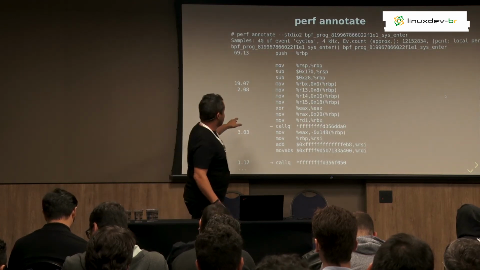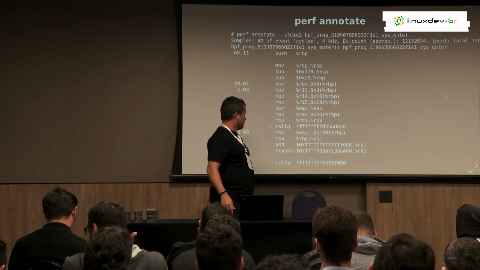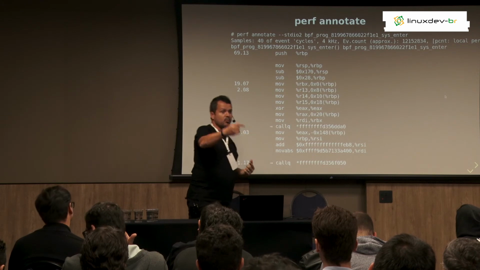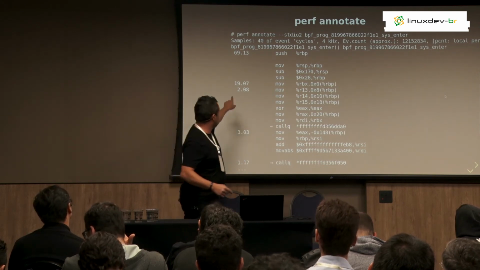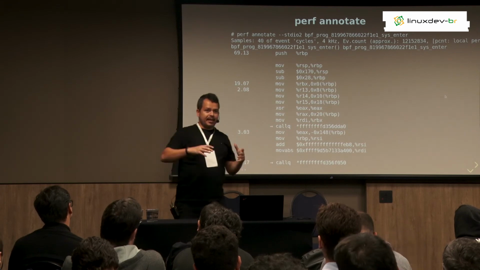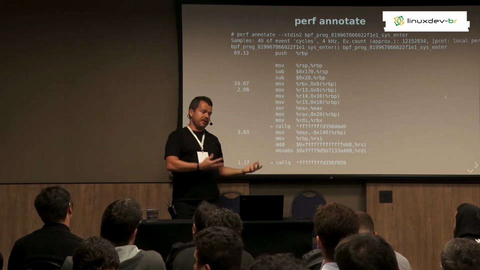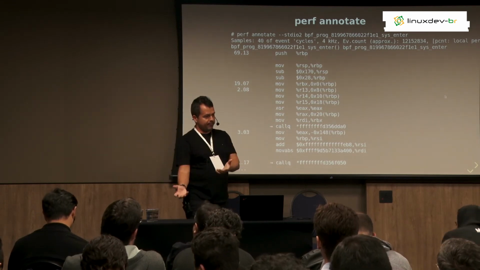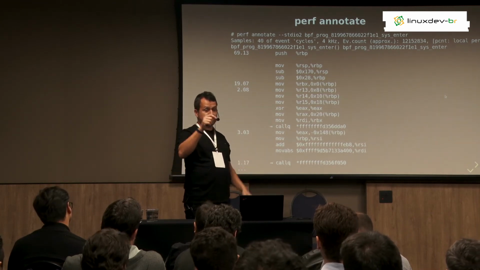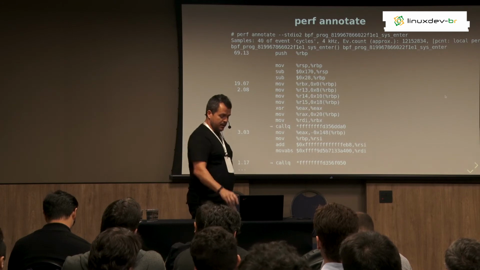You can show that program and see inside of that program what are the lines, what are the instructions that are taking more time. So I mean, the experience that you have with BPF is the same one that you have with a normal program function in the kernel or outside the kernel.